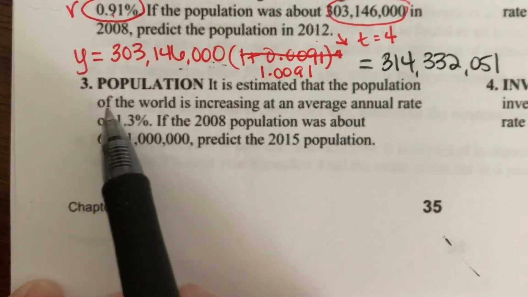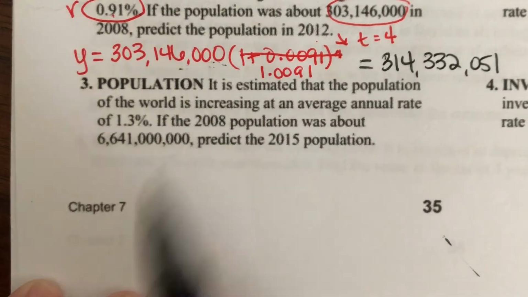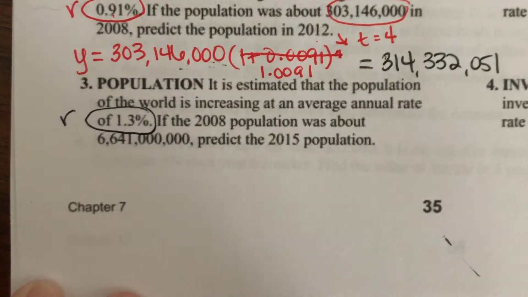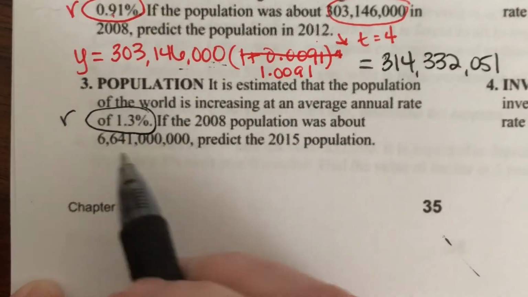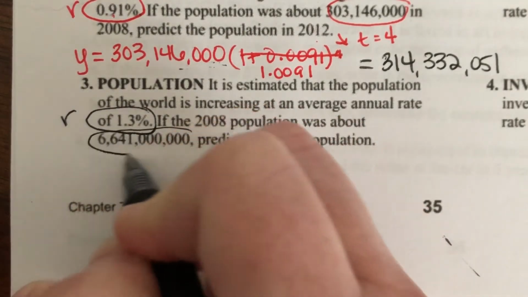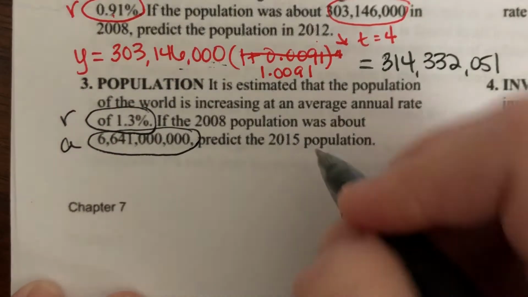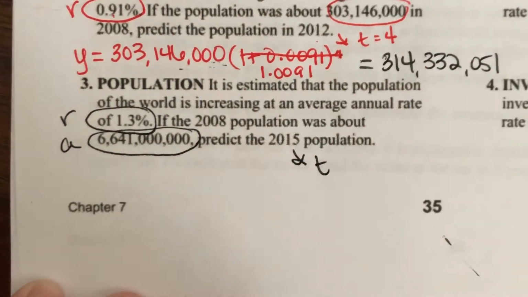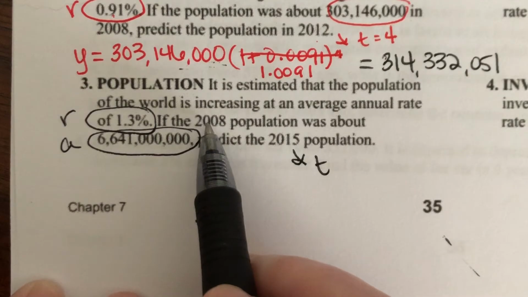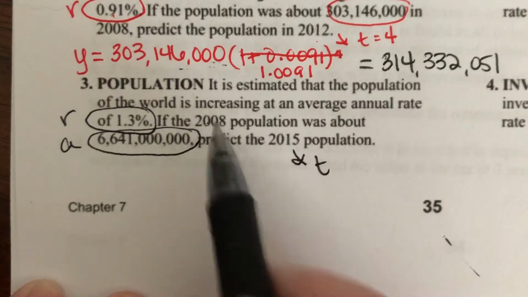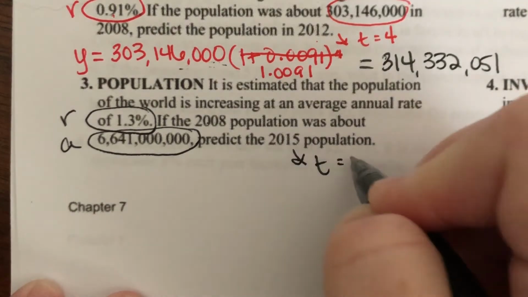It's estimated that the population of the world is increasing at an average annual rate of 1.3%. So there's R. If the 2008 population was this much, that's our starting amount, our initial amount, predict the 2015 population. The starting population was in 2008, and 2015 is 7 years later. 2015 minus 2008 is 7.